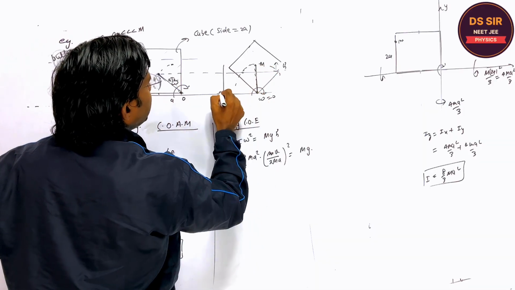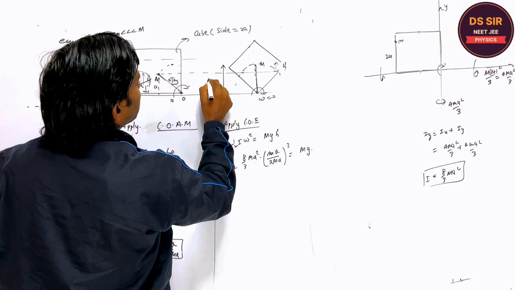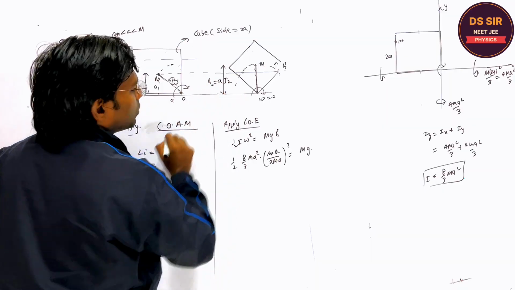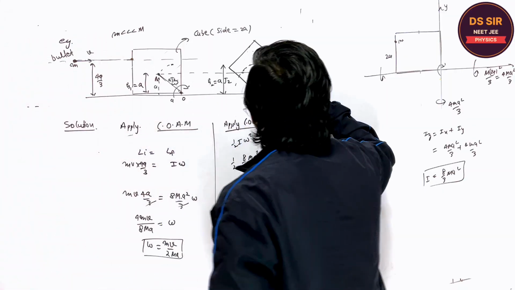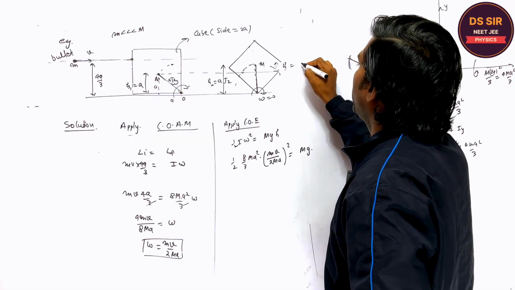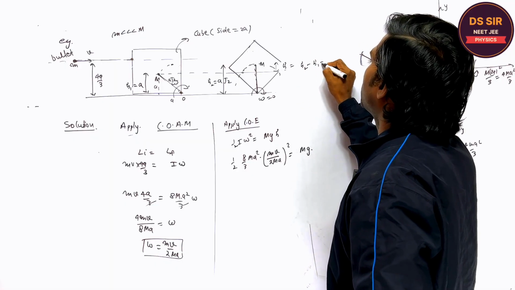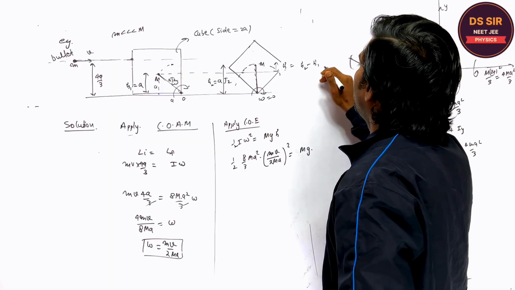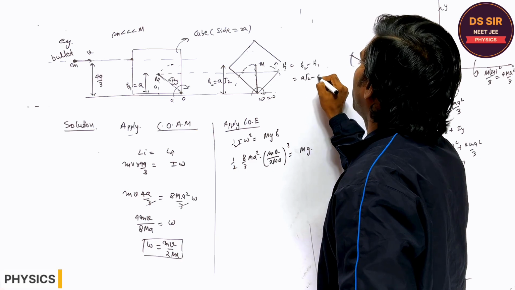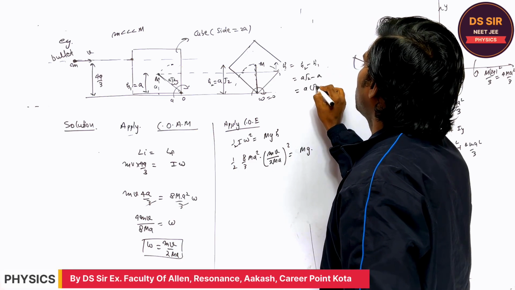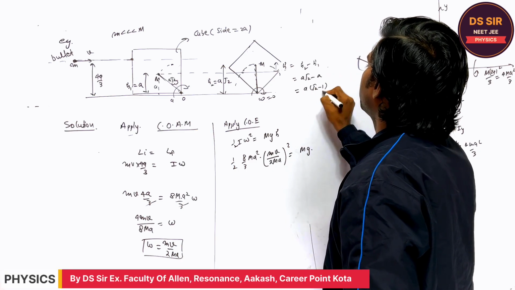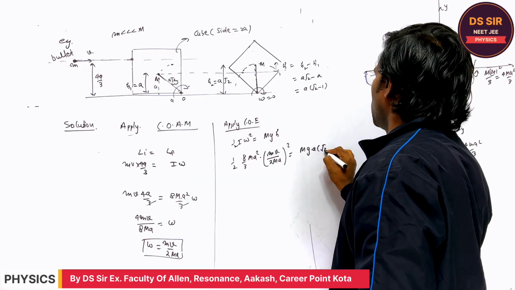So the final height becomes h2 is equal to a root 2. I think you understand. So what is the rise in height? So h2 minus h1 is equal to a root 2 minus a. Right, a into root 2 minus 1.